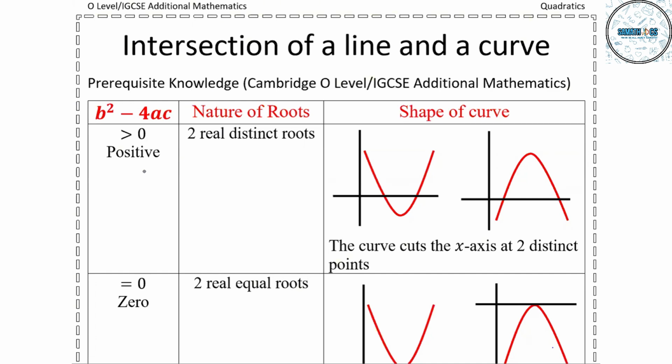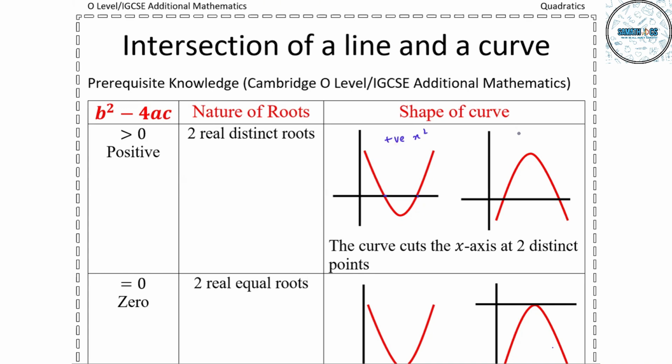When b squared minus 4ac is greater than 0, meaning positive, there are two real distinct roots, and the curve cuts the x-axis at two distinct points. In this case, where the coefficient of x squared is positive, the shape of the curve is like this, open upwards, and it intersects the x-axis at two distinct points.